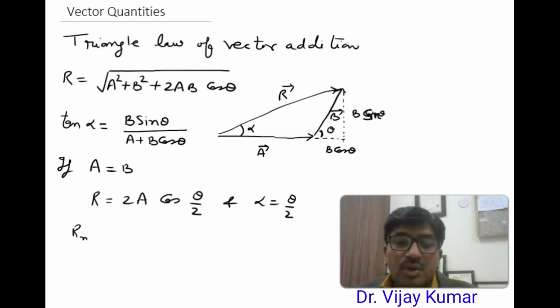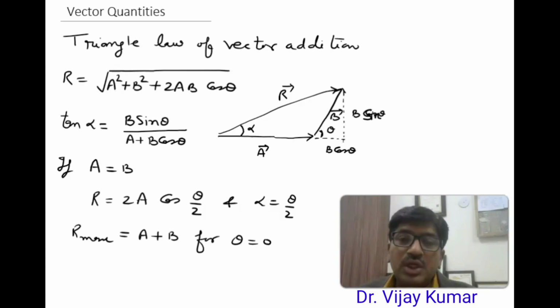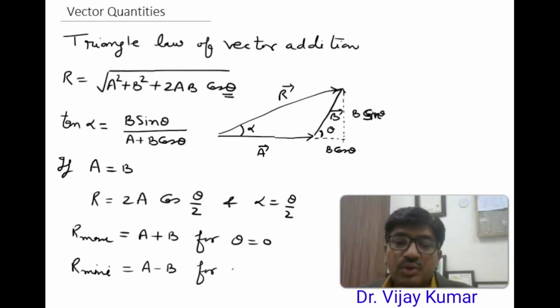R maximum should be A plus B for theta equal to 0. If we put theta equal to 0, cos 0 is 1, and it becomes under root A square plus B square plus twice AB, under root A plus B whole square, and we can write A plus B. And the minimum value of R is A minus B for theta 180 degrees.